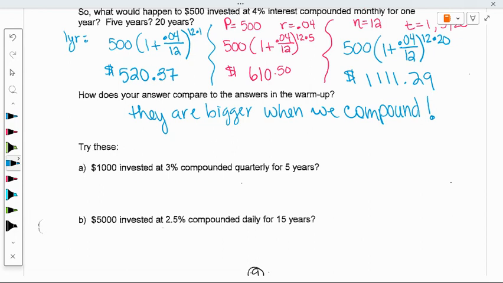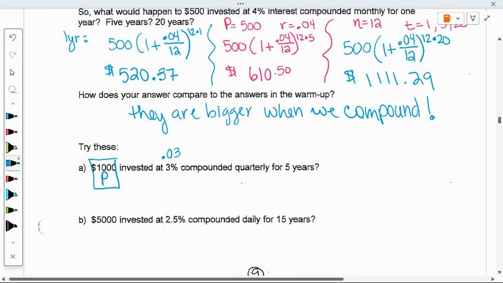So 1,000, this is our P value, is invested at 3%. So 0.03. It's compounded quarterly. That means N equals what? 4. And my T value is 5. So let's see.